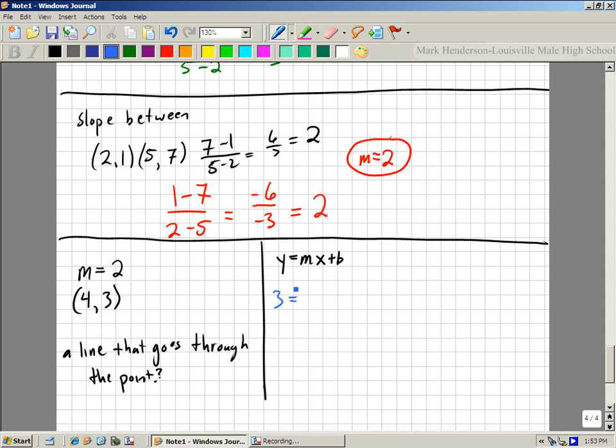So anyway, here we have 3 equals 2 times 4 plus b. We're going to have 3 equals 8 plus b. I'm going to subtract 8 from both sides, and I get that b equals negative 5.